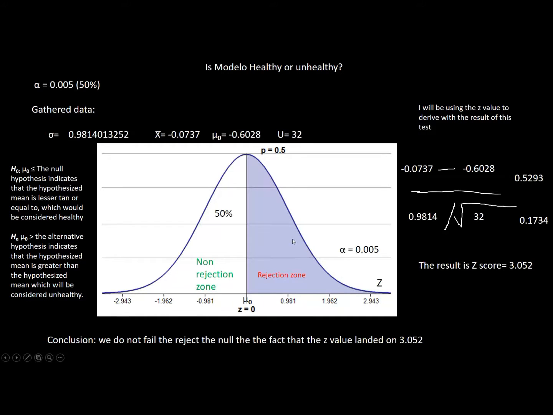No, no, no. That's the alpha of 50 percentage. 0.005 is the 0.5%. If you divide 50 percentage by 100, you come up with that.